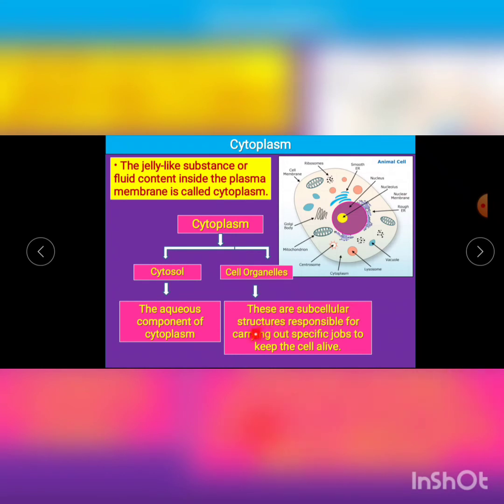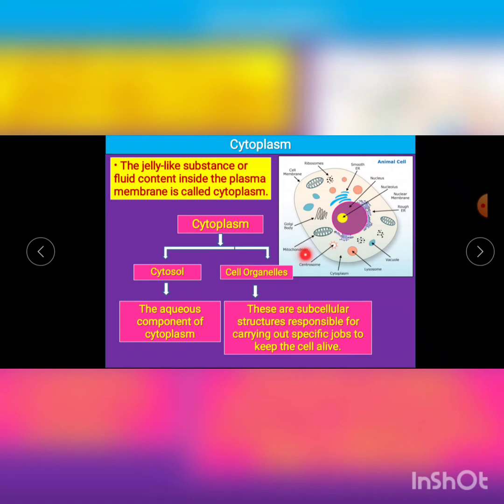These are subcellular structures responsible for carrying out specific jobs to keep the cell alive. The cell organelles have a particular function and they also have a particular shape. And these cell organelles are embedded in the cytosol, and together these two are cytoplasm.